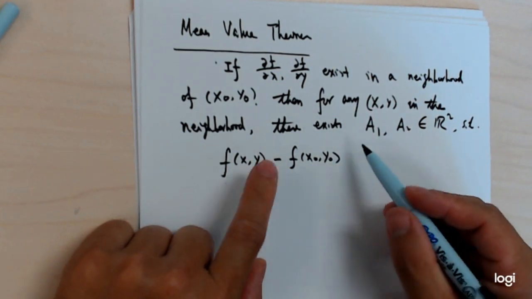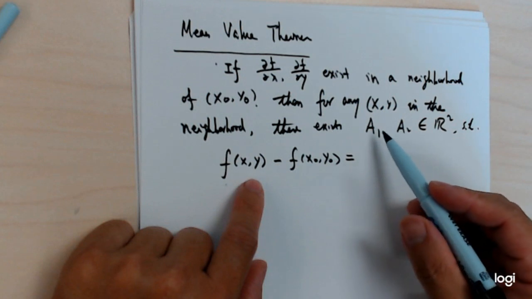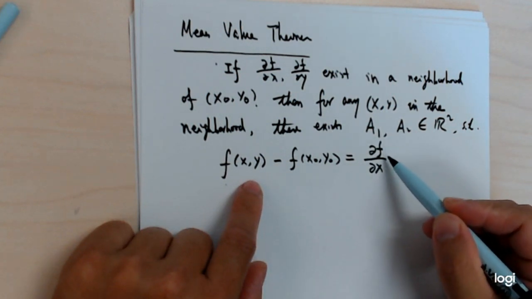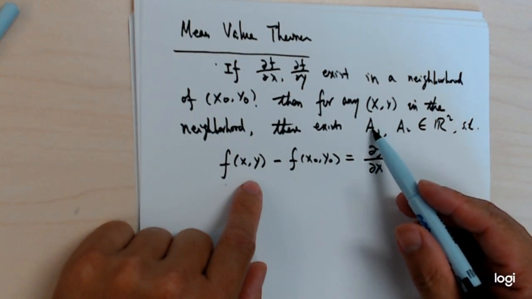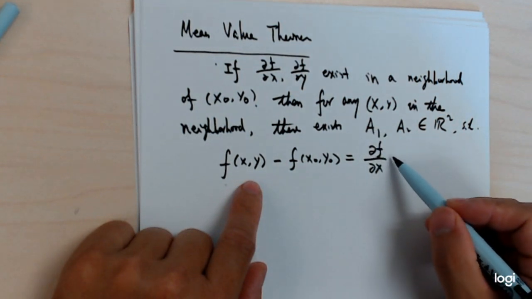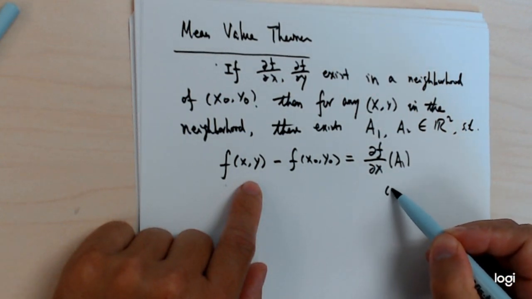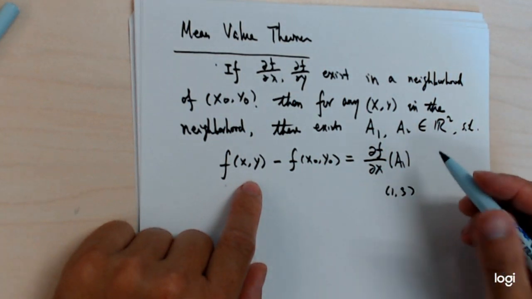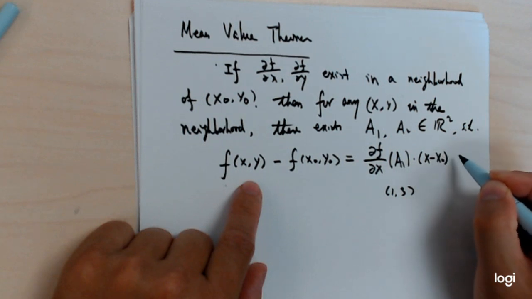The mean value theorem claims this guy equals the partial derivative of f with respect to x, evaluated at one point, a1. So once again, a1 is a pair of numbers. For example, 1, 3, meaning you're going to plug in x equals 1, y equals 3, times x minus x naught.